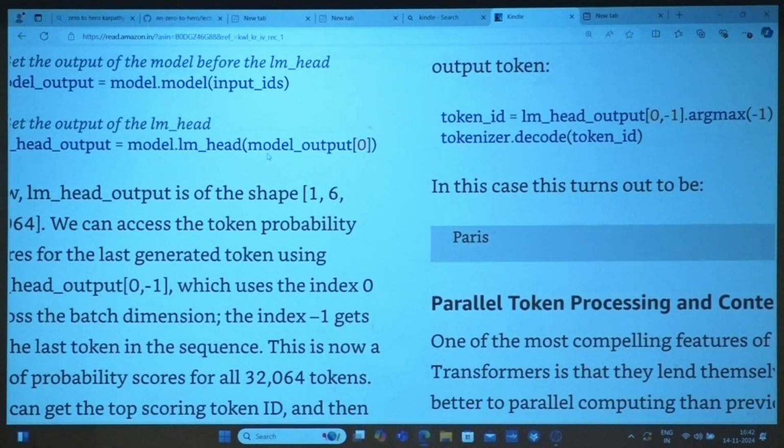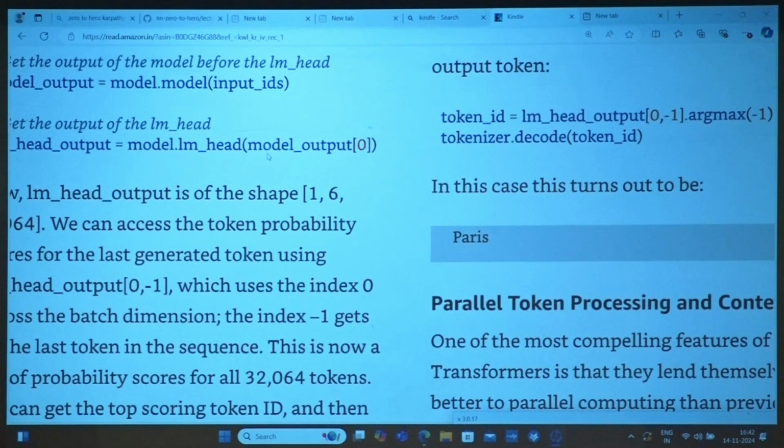The model has consumed all the input IDs. I am asking the LM head to give model output 0, which is what? Rather, it's the probabilities of the first word. So at this stage, I will have output 0.